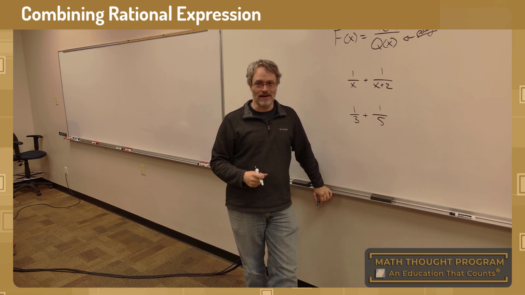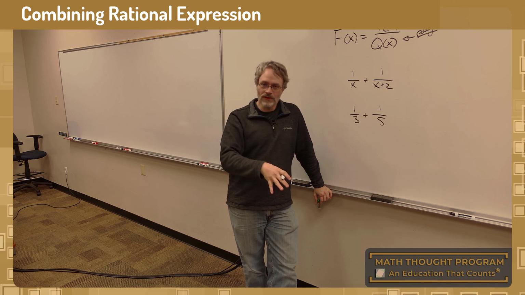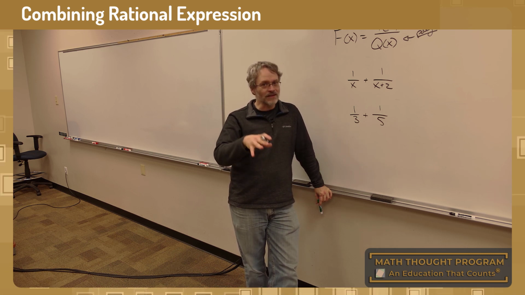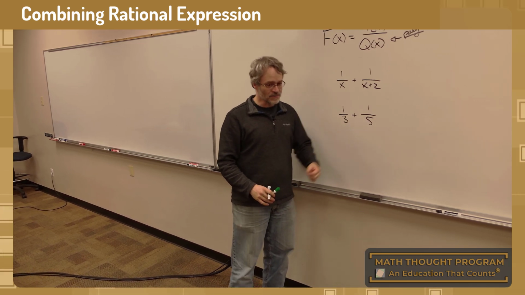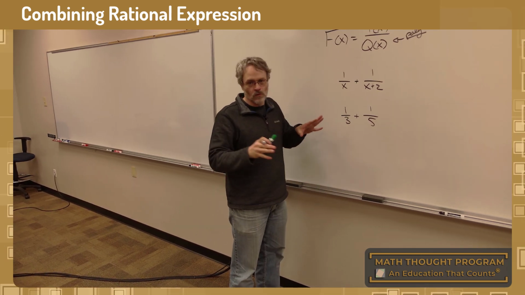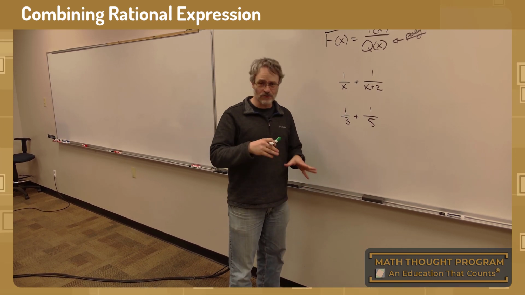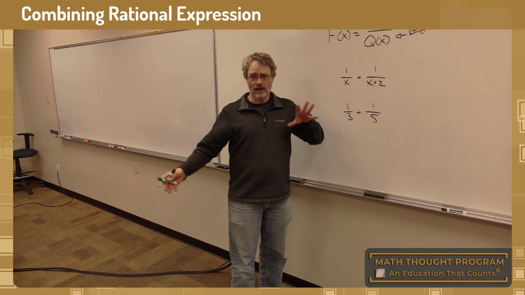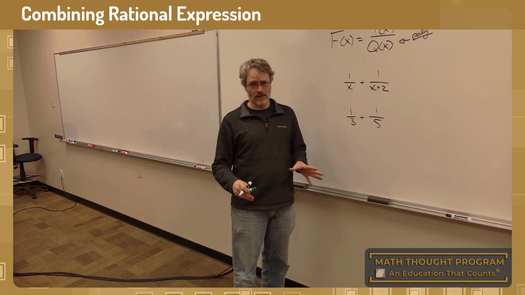But how do I do that? Well, one thing I can do is look at the denominator for each one of these pieces and ask myself, what's missing? So I can look for things such as the greatest common factor and just see what I need on each one of these pieces to make it work.